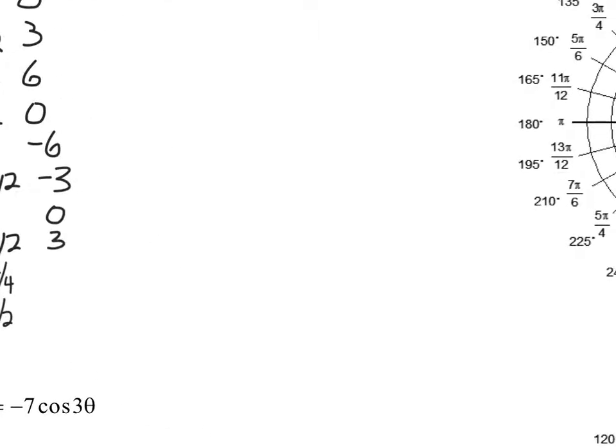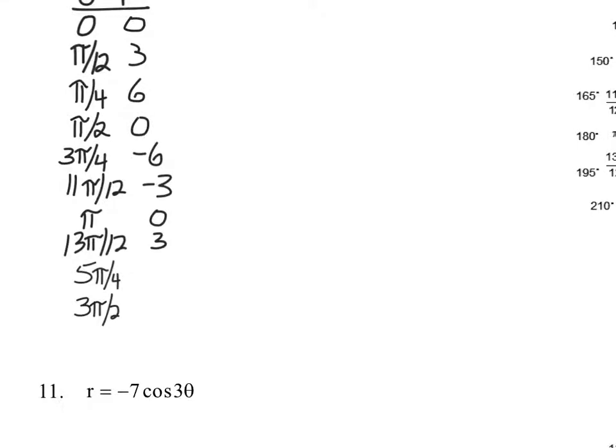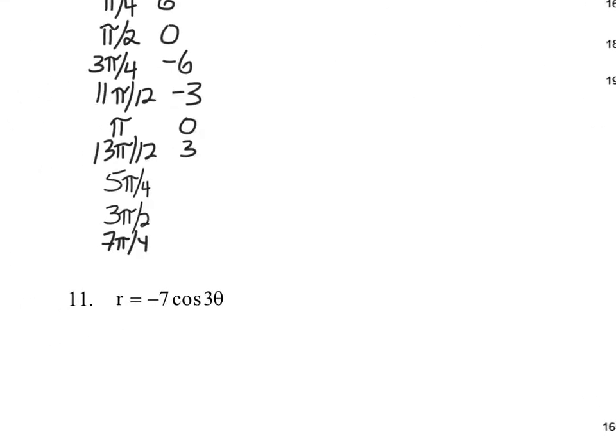Then the next one would be 7 pi over 4. Just slip it in there. Right. Then 23 pi over 12, was that the last one? Yeah, 23 pi over 12, and then 2 pi.